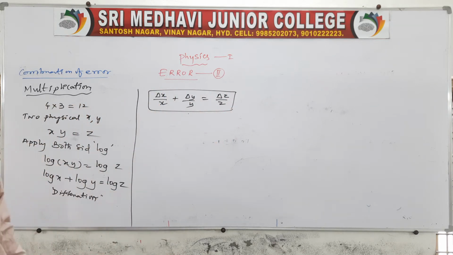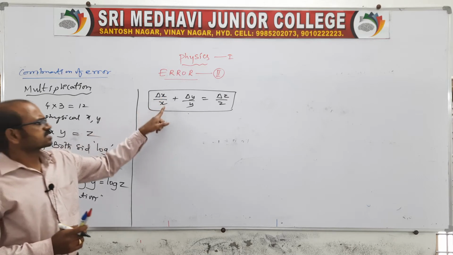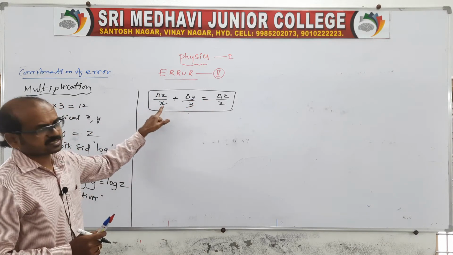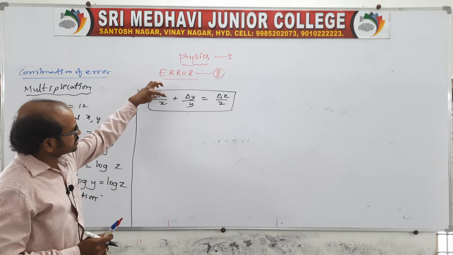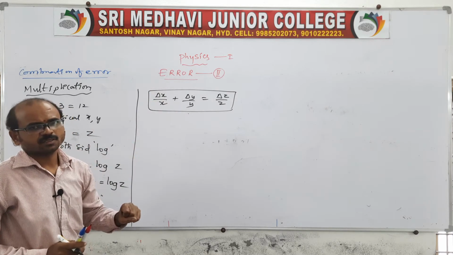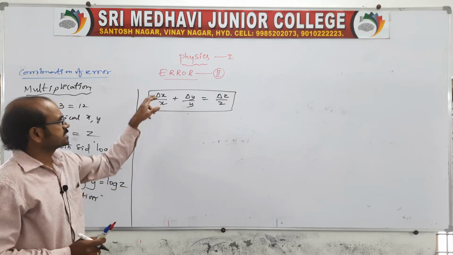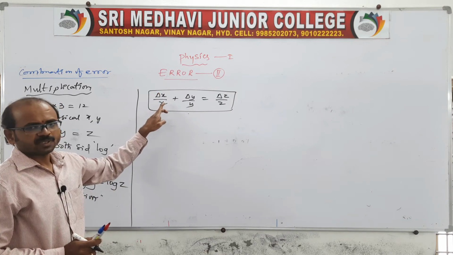We can call it the maximum possible error if any multiplication is there, like xy. We can take directly delta x by x plus delta y by y equals delta z by z, that's all. You don't cancel the x. Delta x is represented as the absolute error, and x is the physical quantity. You don't cancel, it is different and it is different.